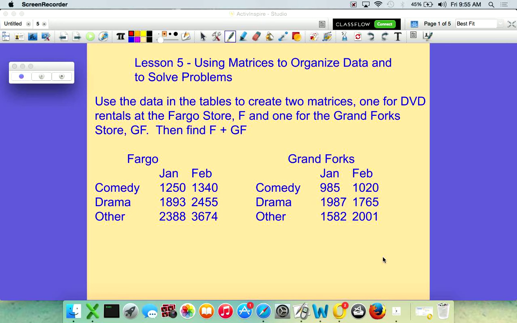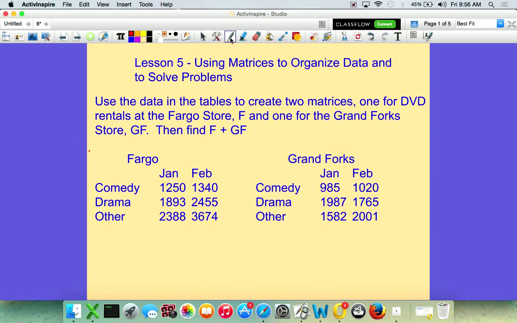So a matrix can be written as rows and columns. And if you look at our data here, we already have those set up as rows and columns. All we would have to do to put this into a matrix is put the information in a matrix format here.